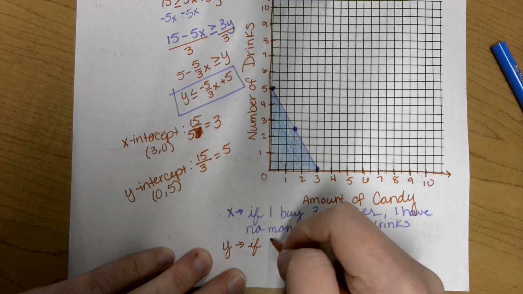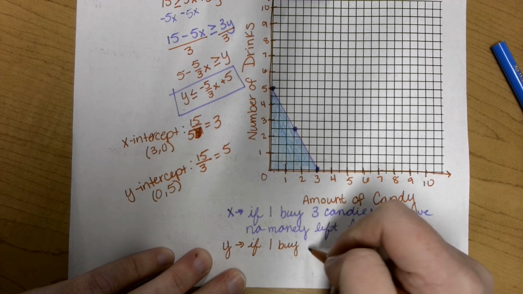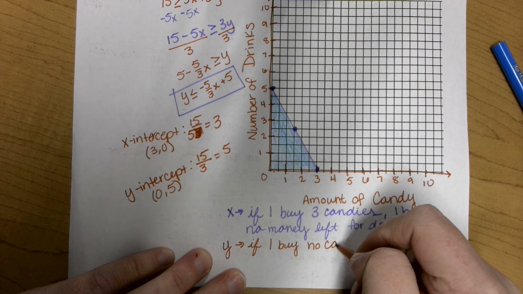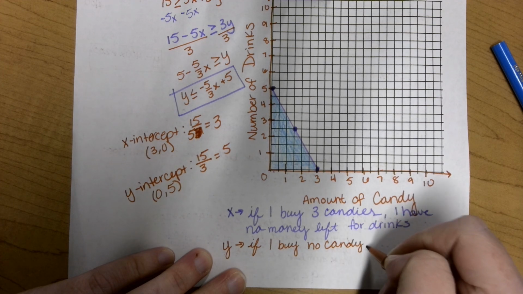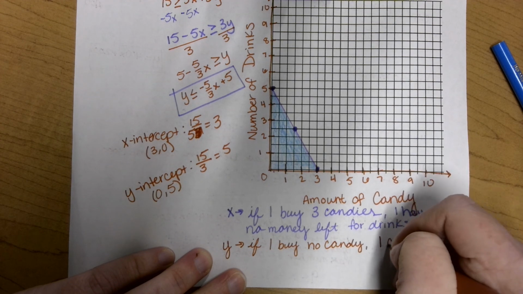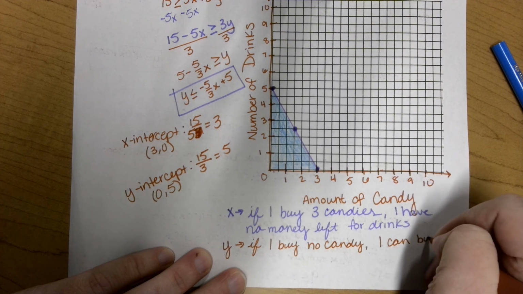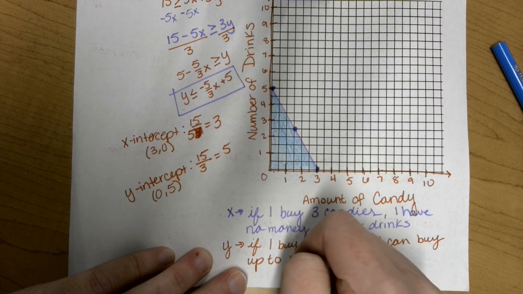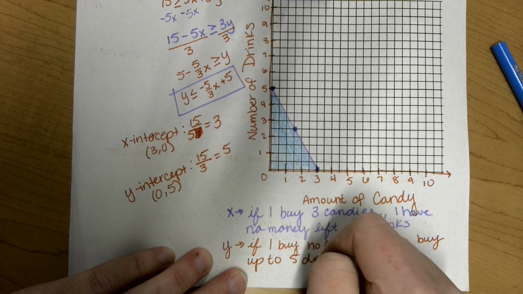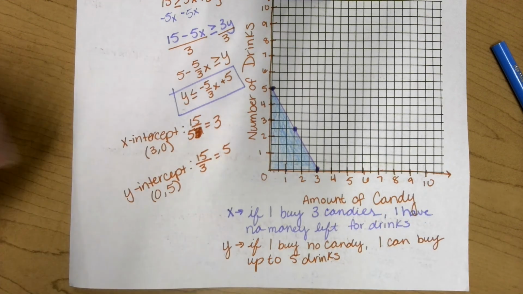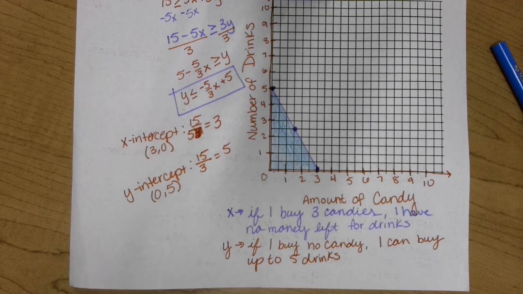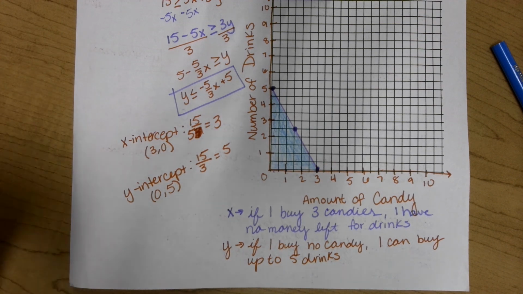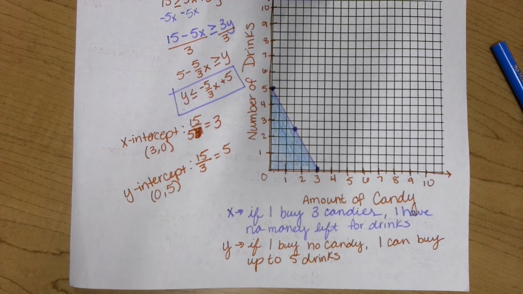We could say if I buy no candy, I can buy up to 5 drinks. Again, there's a bunch of different ways you can word this, but mainly if you buy 0 of one, you can buy up to this number of the other, is how we're interpreting it.